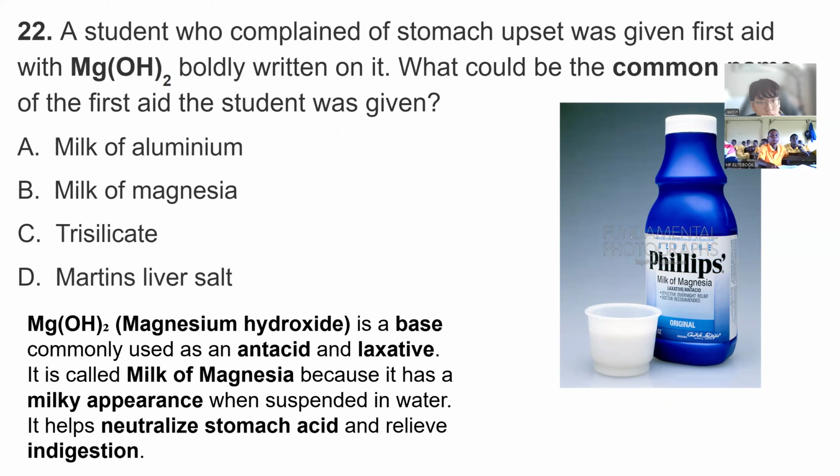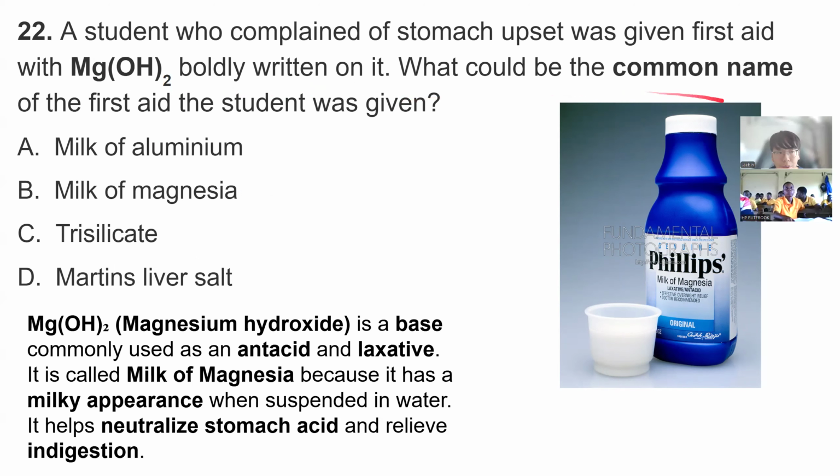But let's try question 22. A student complained of stomach upset and was given first aid with MgO2, boldly written on it.